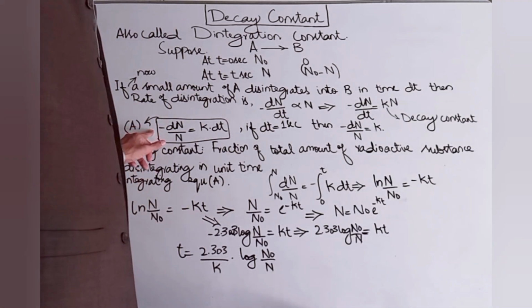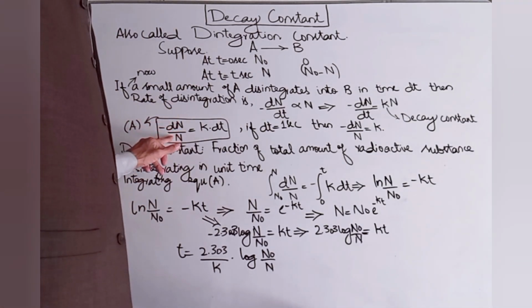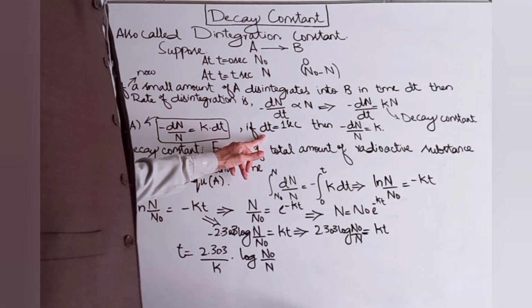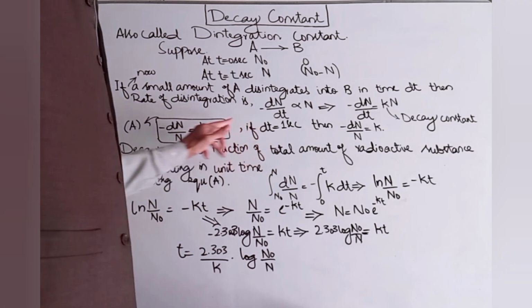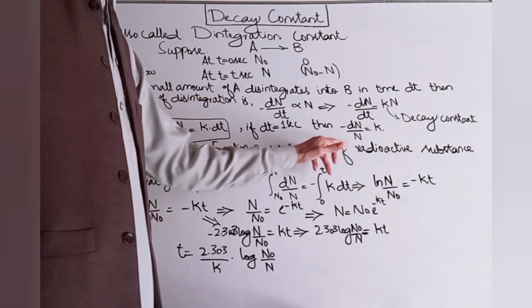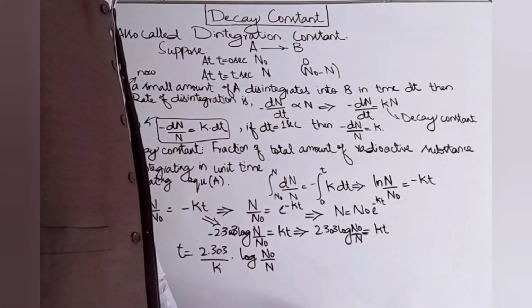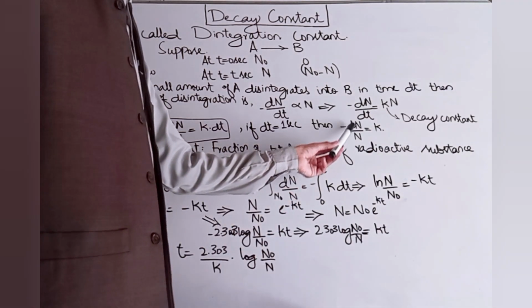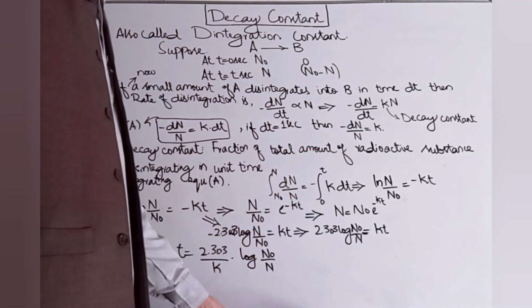If we rearrange this equation, minus dn over n is equal to k dt, and we put the condition in which dt is equal to 1 second, then this equation is modified into this expression: minus dn over n is equal to k. On the basis of this equation, we can define the constant k.